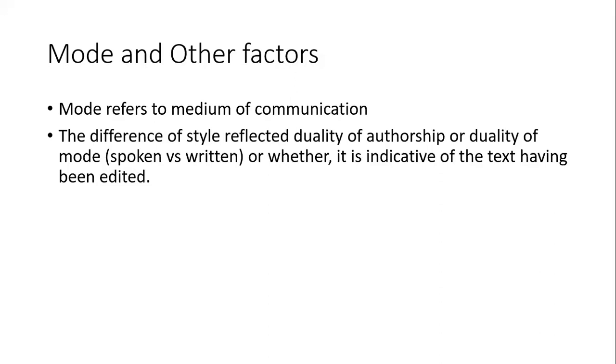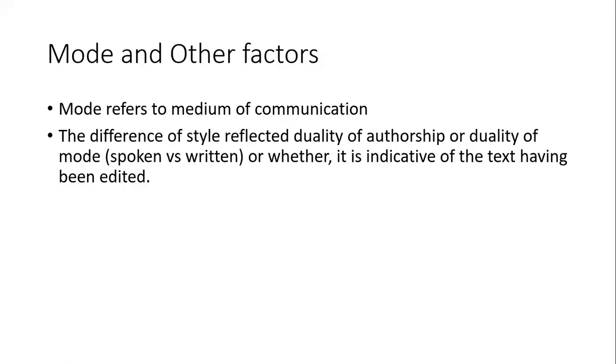Or is it because the text is edited? Now, why is the text edited? Because when you're writing, it's very obvious that your text would be edited. Or let's suppose you have written something and then you have sent it to someone and you have asked the person to look into it, whether you find any mistake, or you find anything very harsh, or anything inappropriate, or something that you want to alter, or something that you want to change.